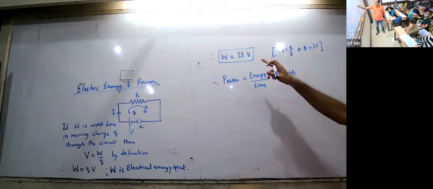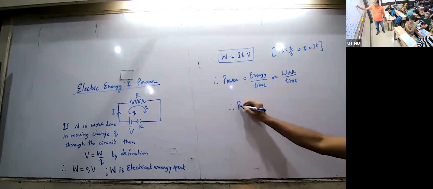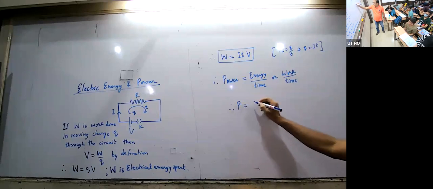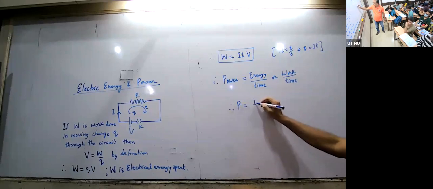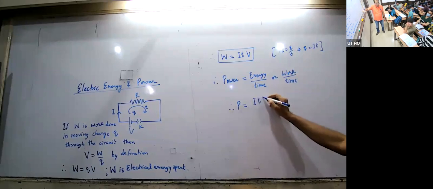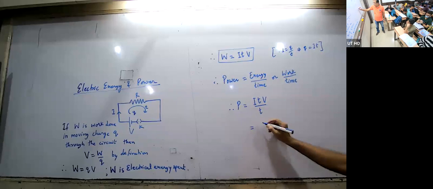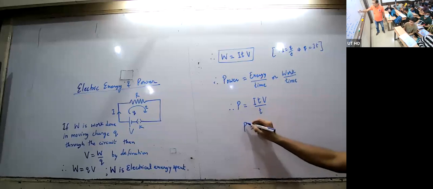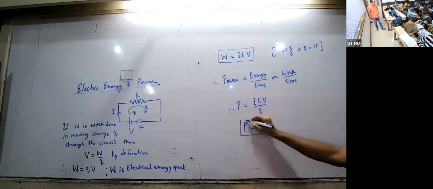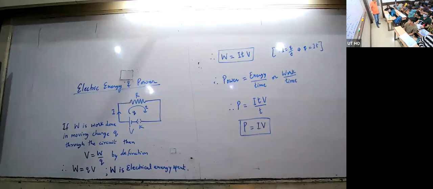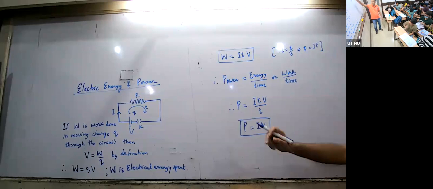What is energy? ITV. Therefore, P is equal to ITV upon T. Right? Everybody just gets fumbled in these expressions to derive it. Okay. So this is equal to IV. So there's a very simple derivation in 2 steps. First you should know how to derive this expression.